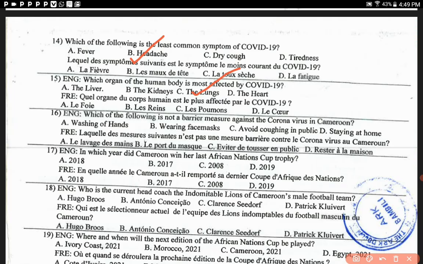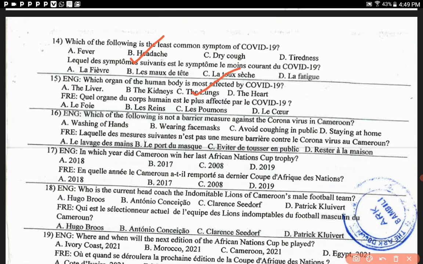COVID-19 is primarily a respiratory disease because the virus attacks the respiratory tract and the lungs, and it causes symptoms that range from mild cough to severe pneumonia. How do people call it?